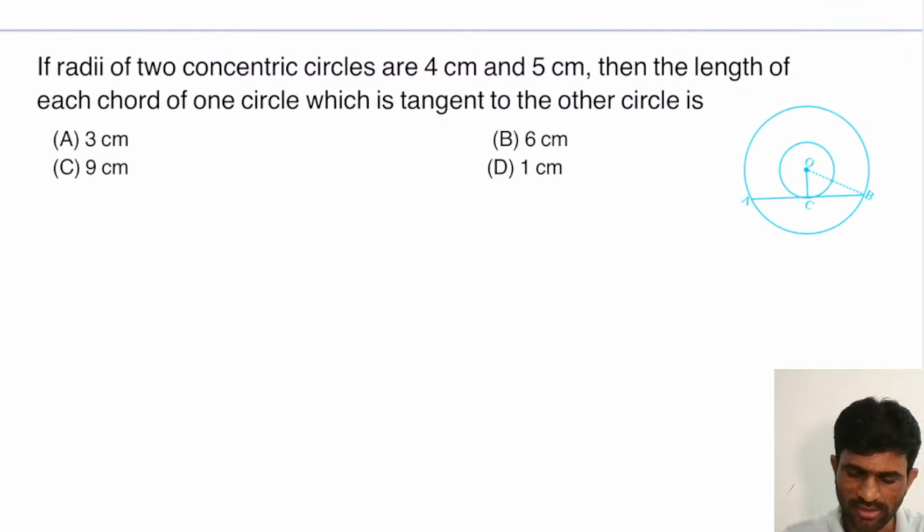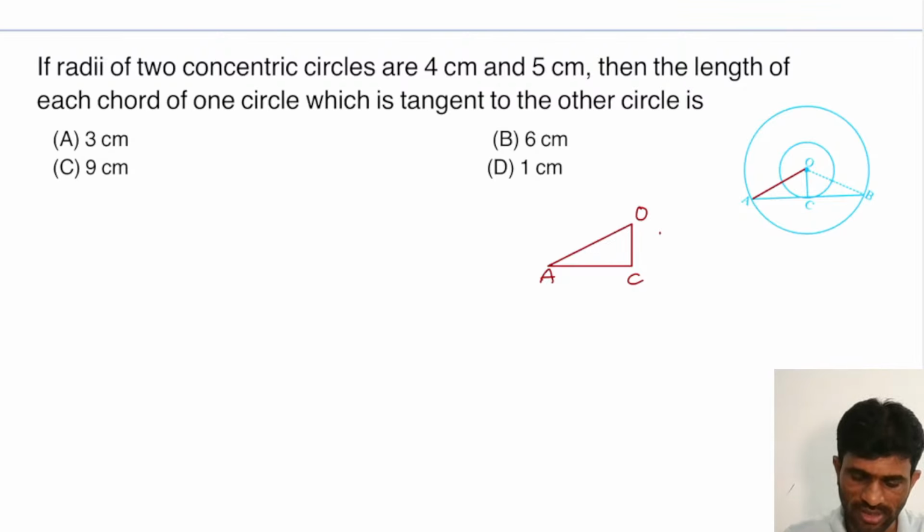So here what happens? Once you join this OA, then you can see a right angle triangle like this. There is one right angle triangle OCA. In this OCA, we know the radii of two circles.